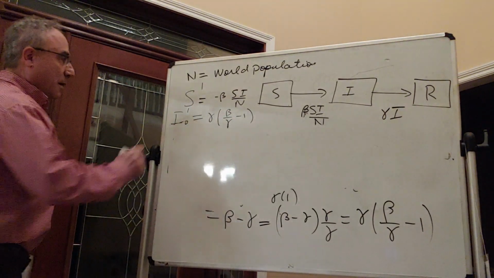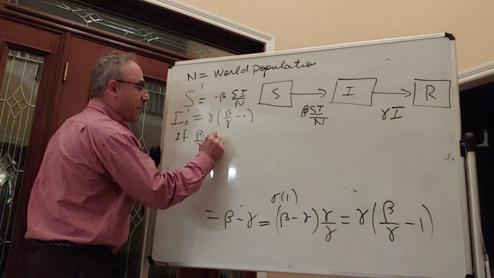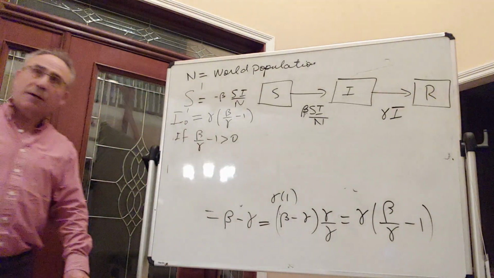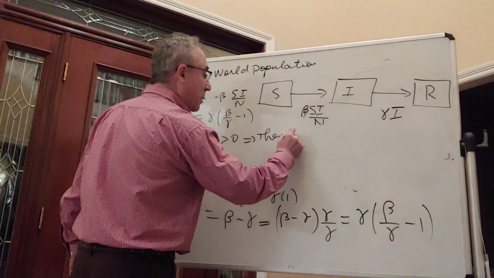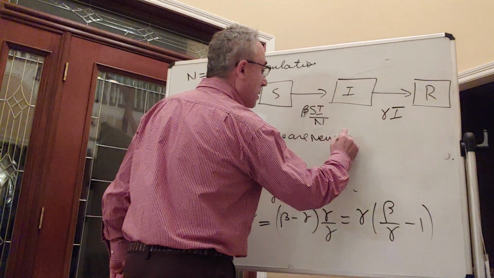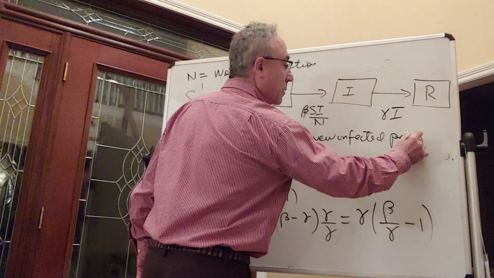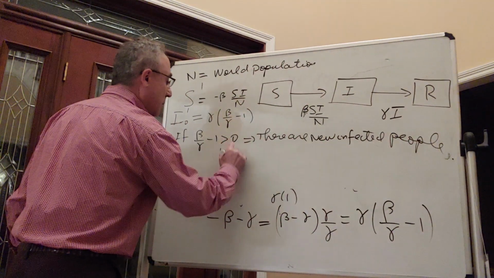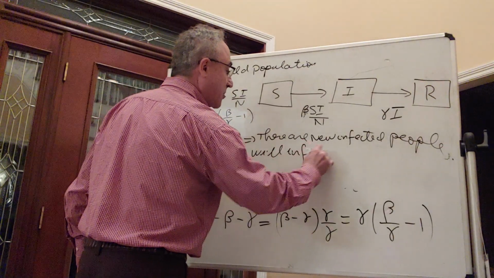So if beta over gamma minus 1 is positive, that implies there are new infected people who will infect others.